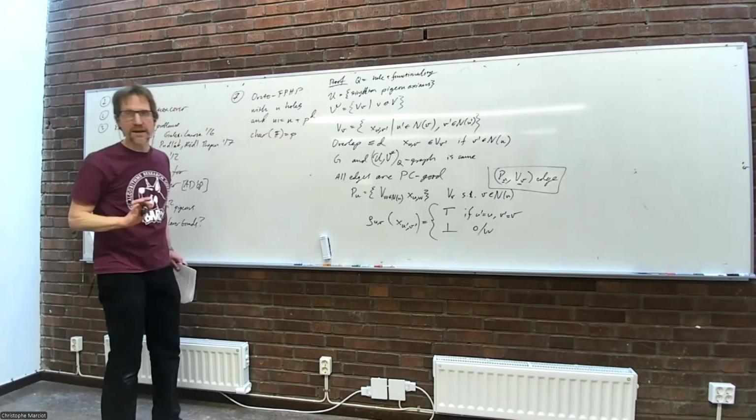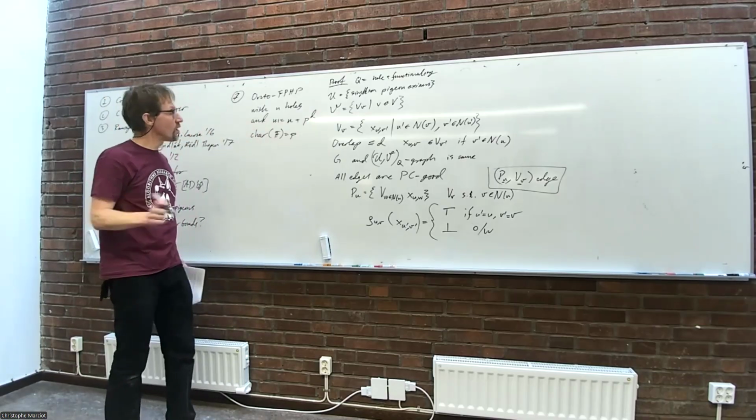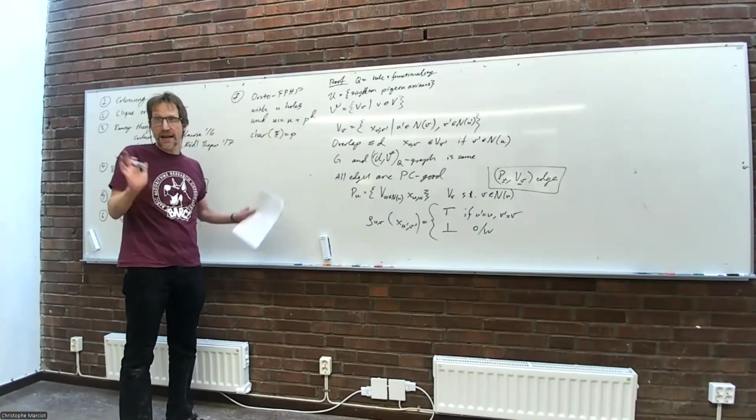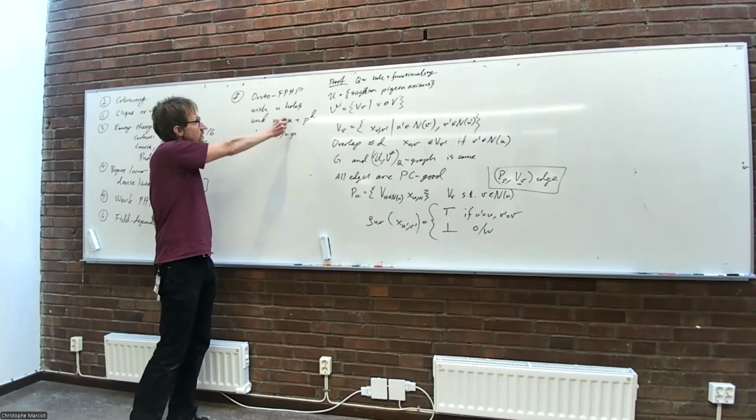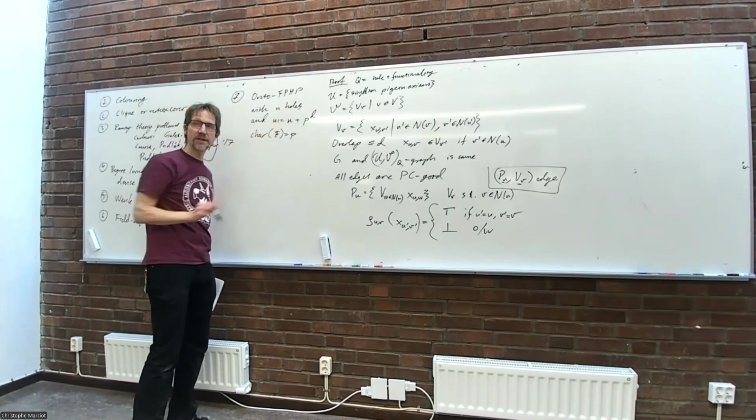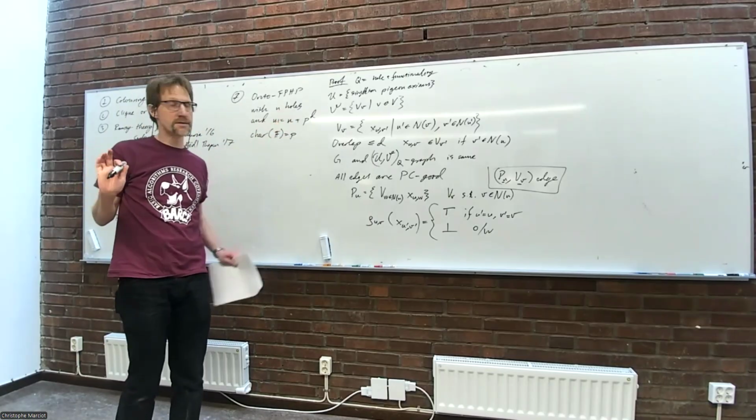Remember, why is n plus 1 pigeons and n holes easy? Well, because we just count. And in any field, n and n plus 1 are different. But in a field of characteristic p, n and n plus p to the d are not different.